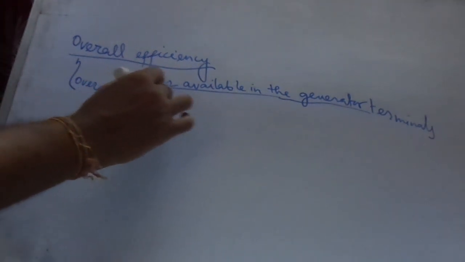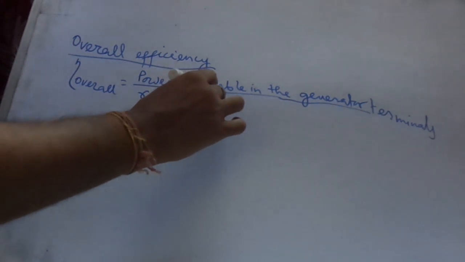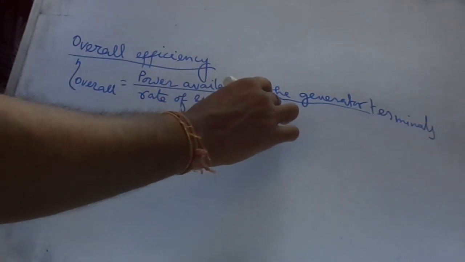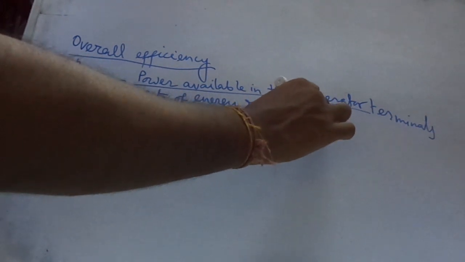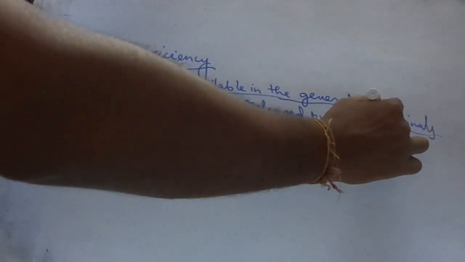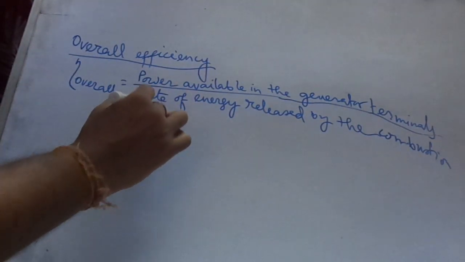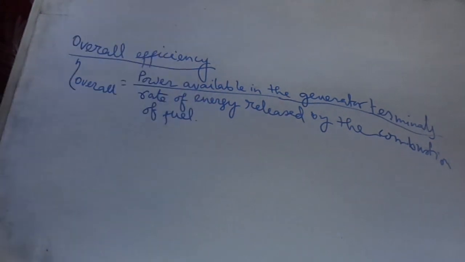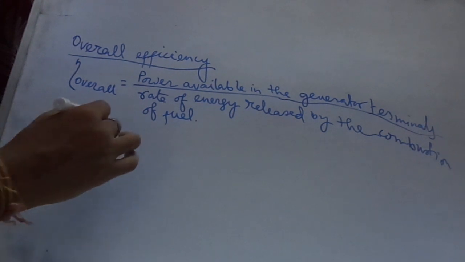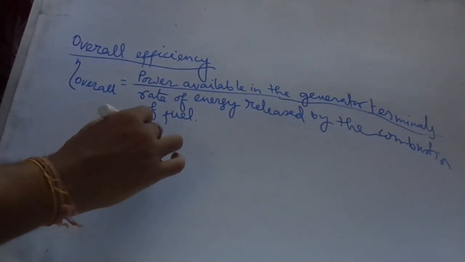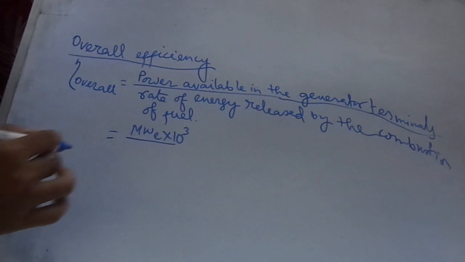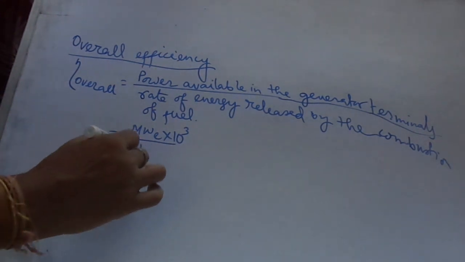The rate of energy released by the combustion of fuel is equal to MWE into 10 cube divided by WF into CV.